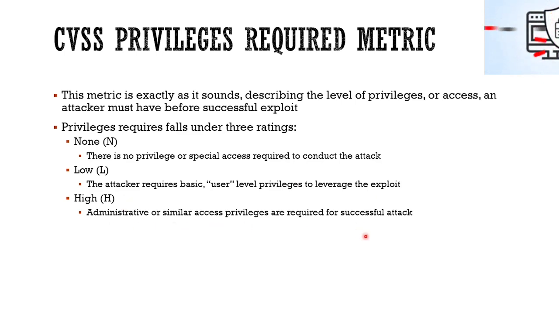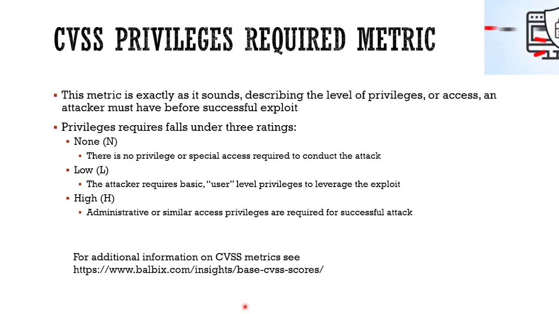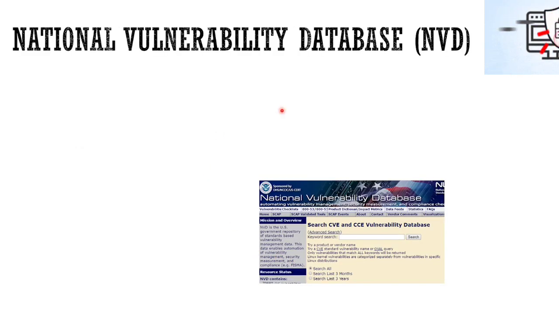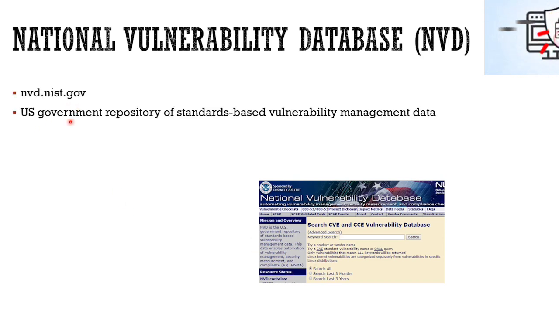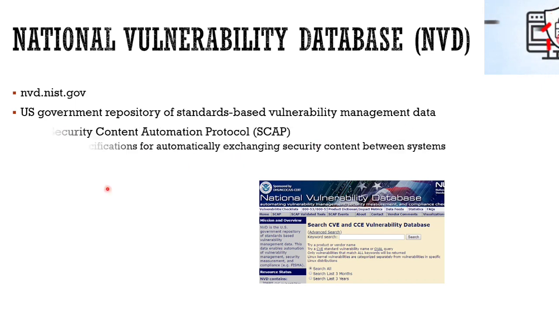Now, the National Vulnerability Database tracks all this stuff. It's at nvd.nist.gov. It's a U.S. government repository of standards-based vulnerability management data. It contains SCAP specifications. It enables automation of vulnerability management, and it aggregates data to produce the scoring system, the weakness enumeration, and the platform enumeration.